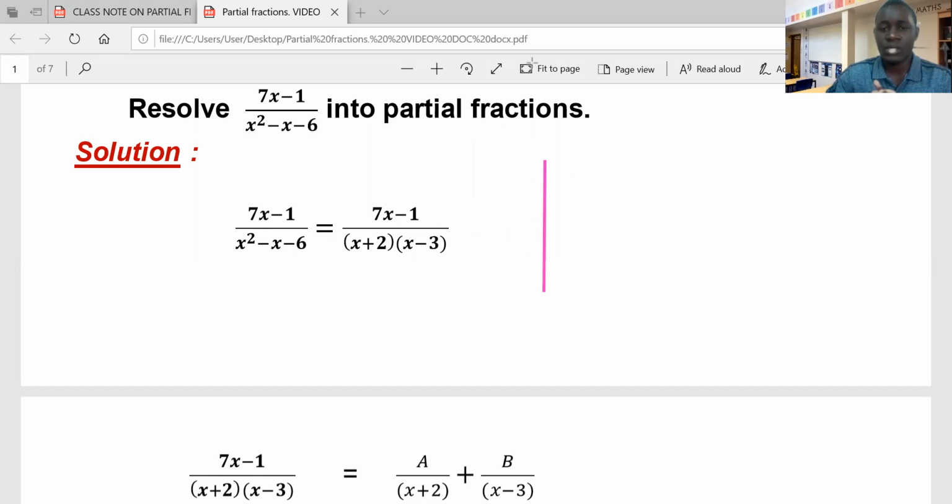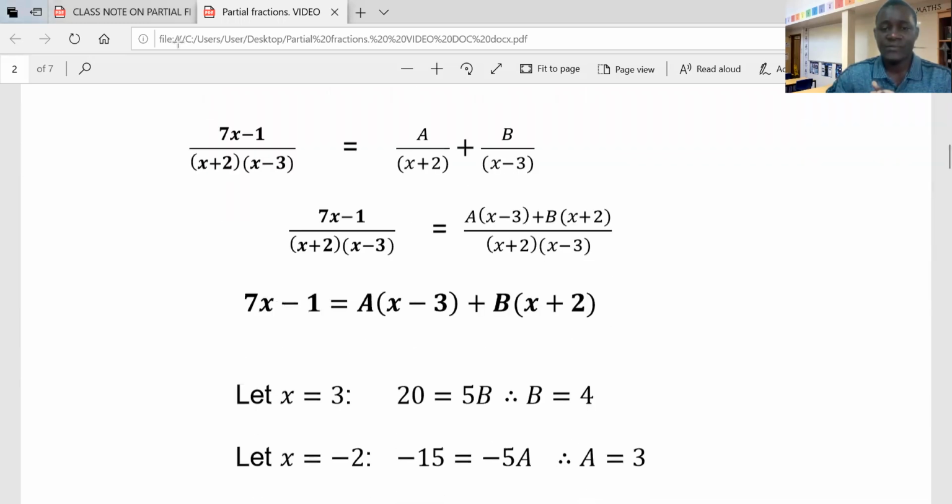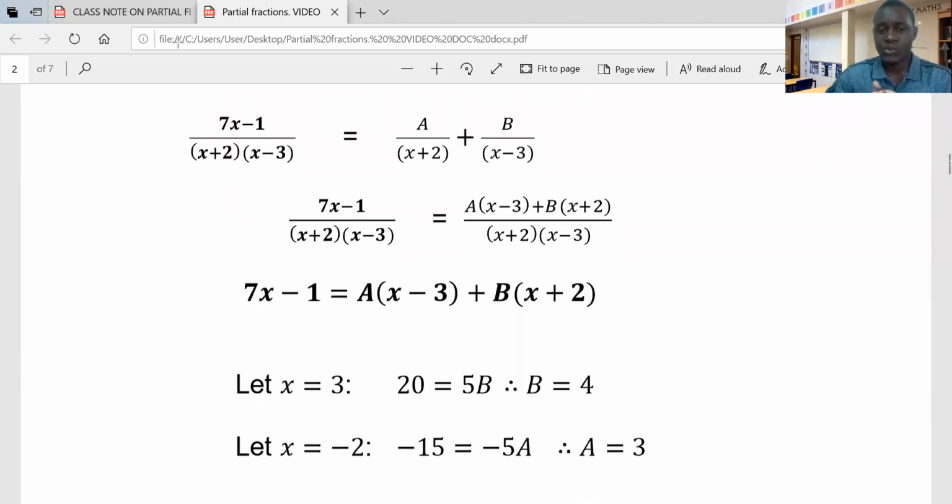How will we get that solved? Remember, if we are going to do that, then we have to write it in this form: A over x plus 2 plus B over x minus 3.